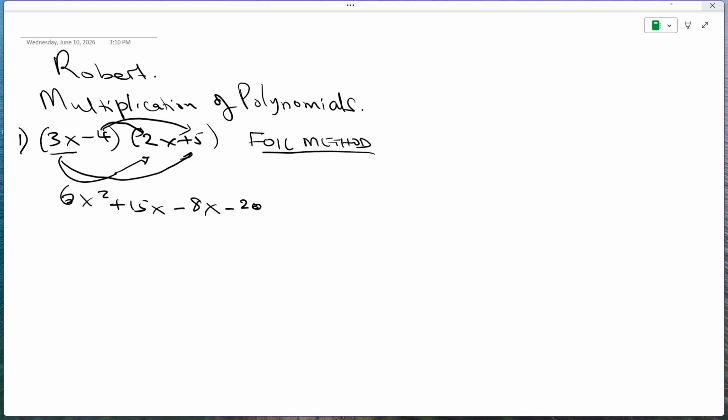And then we simplify what we have here. So this will be 6x squared plus 7x minus 20. So 15x minus 8x is what gives us 7x. So we end up getting this trinomial.